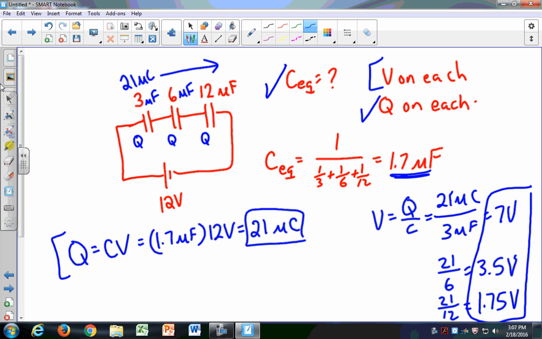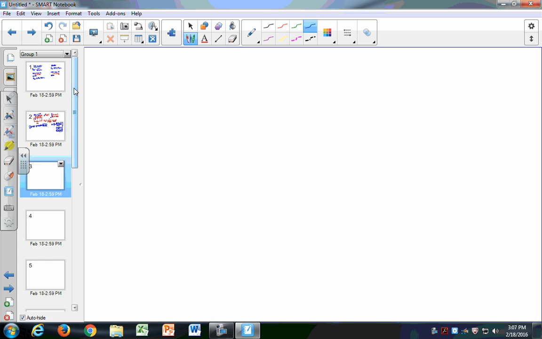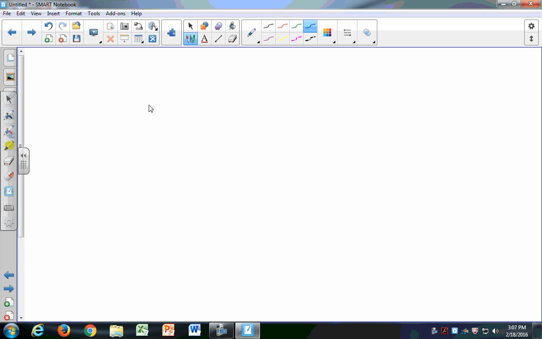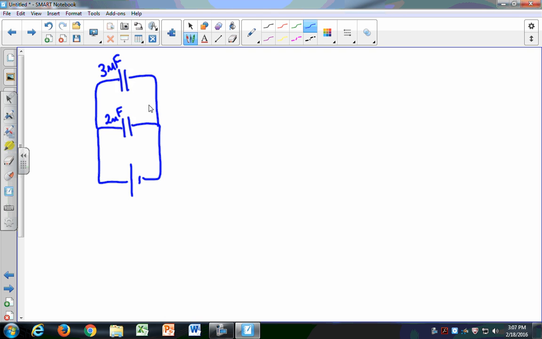Capacitors in parallel, those are a little easier. For capacitors in parallel, really all you have to recognize is that each capacitor acts independently. So if I have 2 microfarads, 3 microfarads, 10 volts, if I want to know the charge on each capacitor, I just need to recognize that each of these have 10 volts on them.